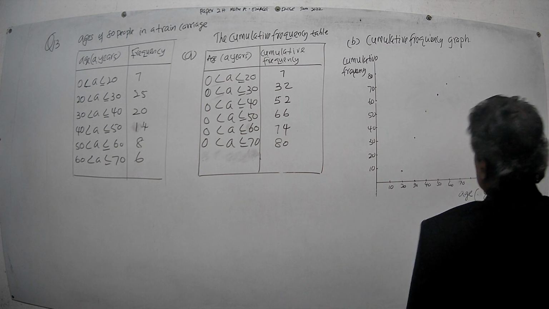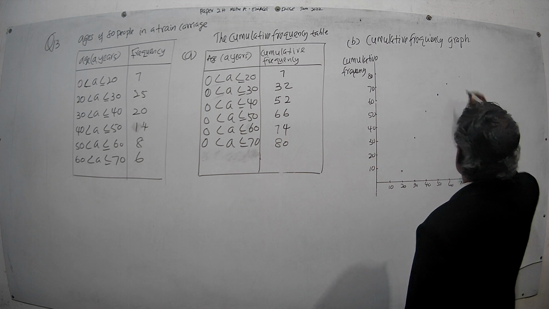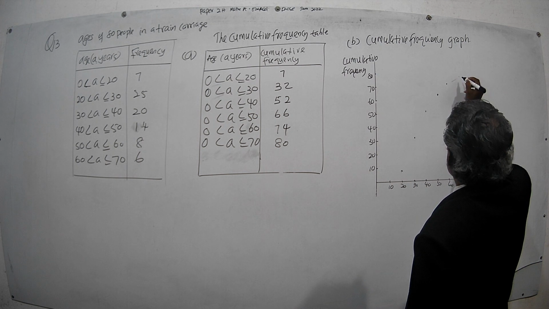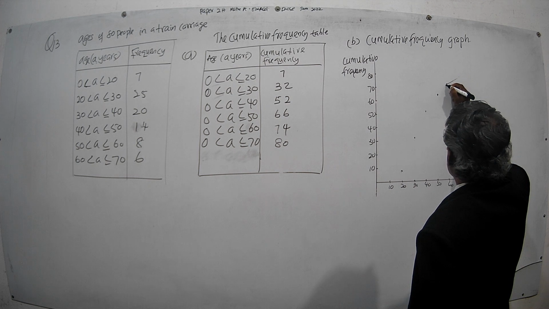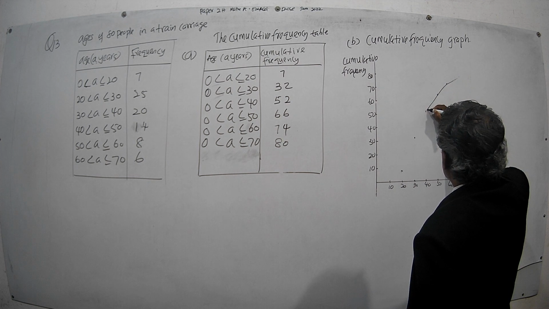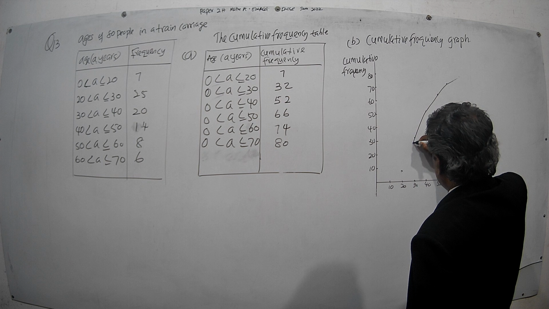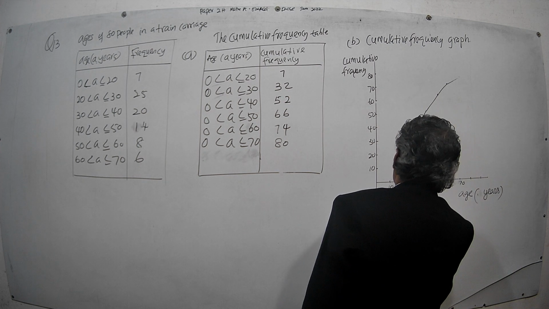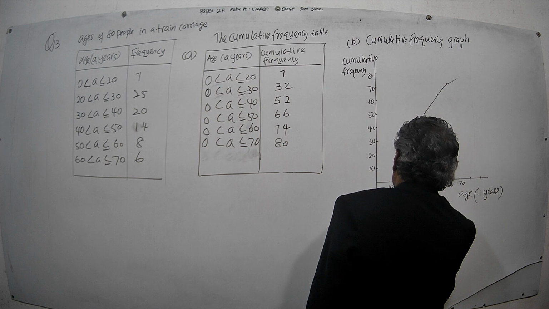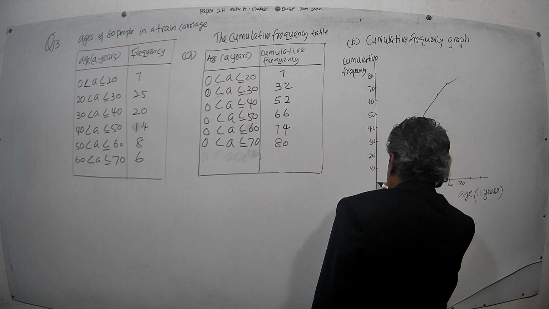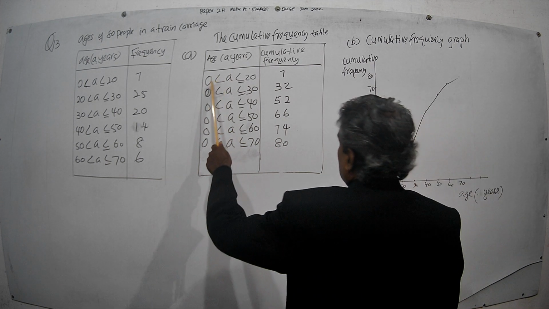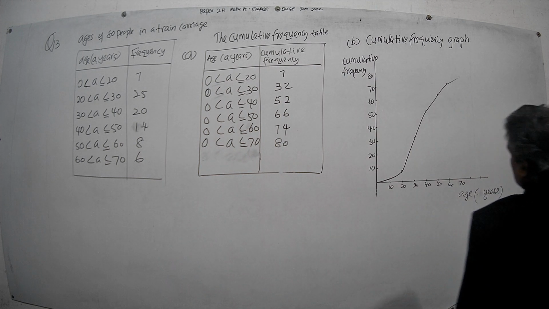Okay. Now this is the graph. Then we will draw the graph freehand. Right, because there are values until 0, we can join 0, right?